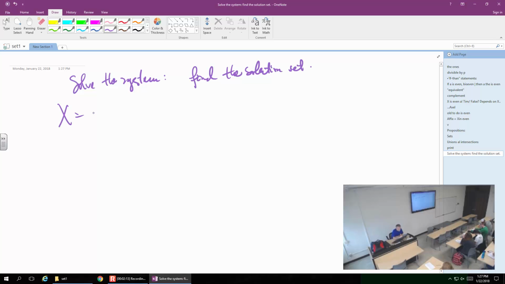Say it is the set of pairs x, y such that x plus y is equal to 1, and x minus y is equal to 1. So finding what that set is, even though finding it is also an ambiguous term, because we have found it. This is it. So what is the solution set?